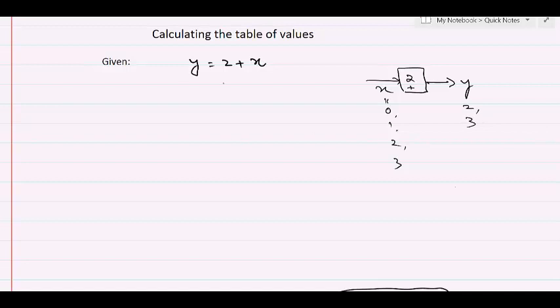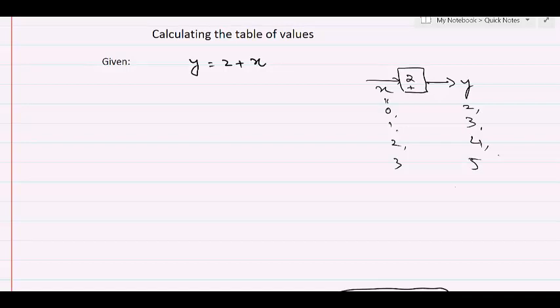When 2 goes in, 2 plus 2 would be 4, and when 3 goes in, then 3 plus 2 would be 5. So this equation in fact is a rule of transformation.